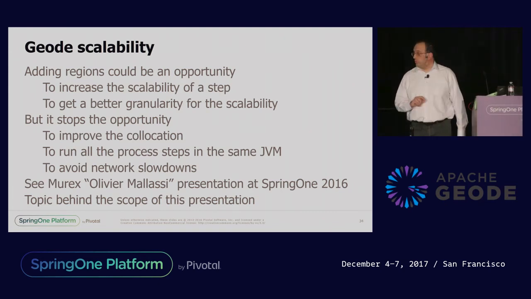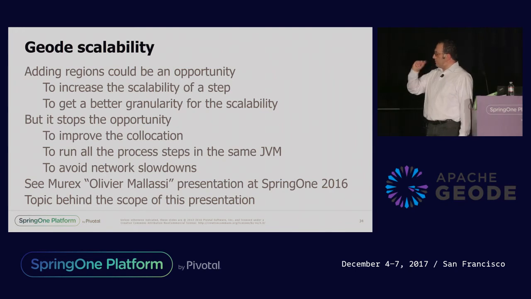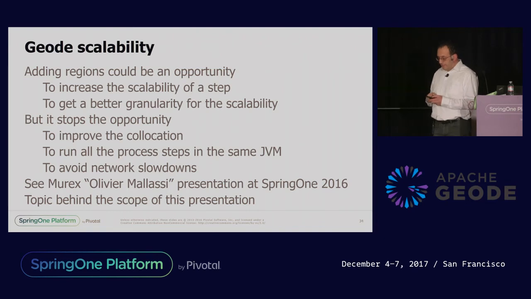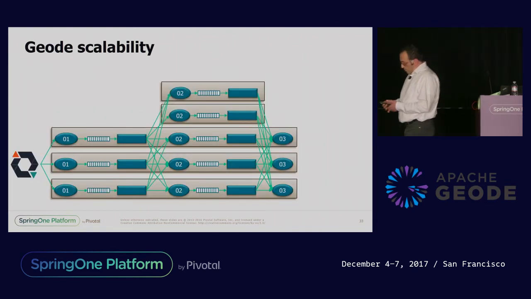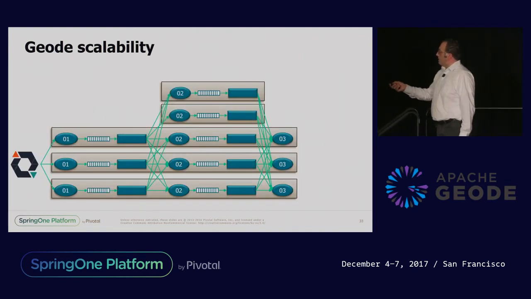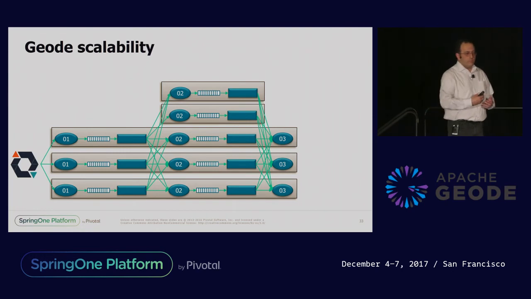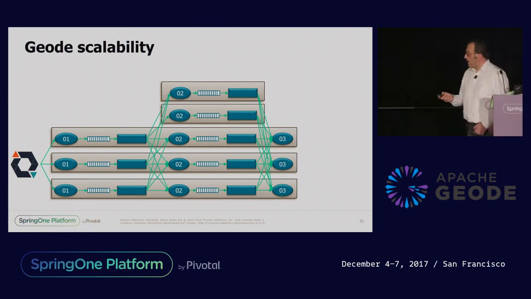I suggest you see the presentation given by Murex last year, where he explained that moving from one machine to another has a cost because you go through the network.